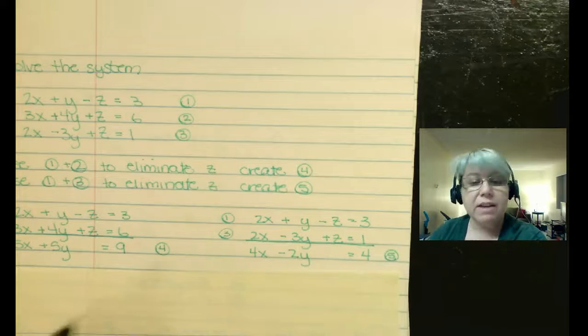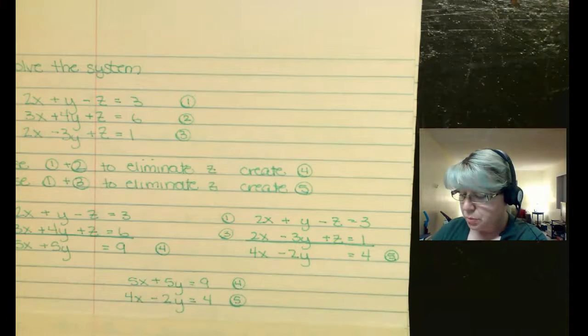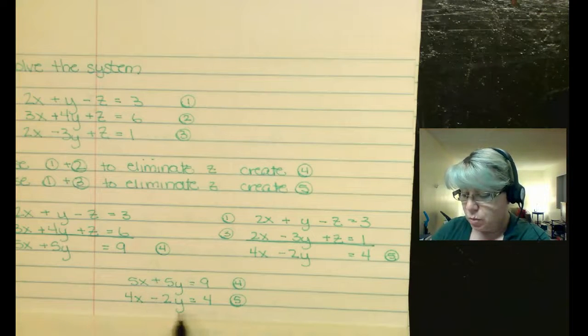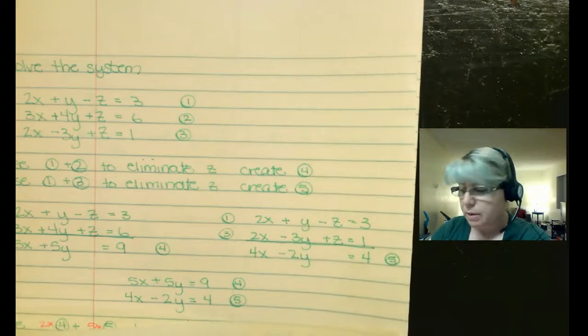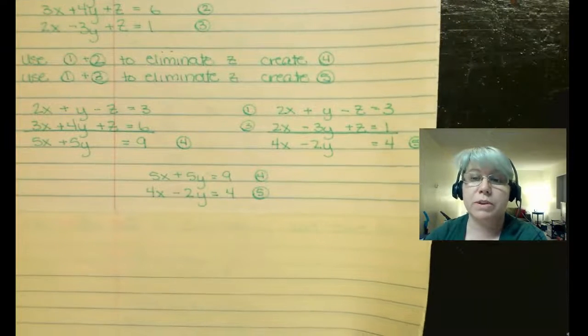Now that I have two equations that only consist of x's and y's, we just bring those together. 5x plus 5y equals 9, and 4x minus 2y equals 4. Now I can use any of the methods that I've learned in the past to solve a system in two variables.